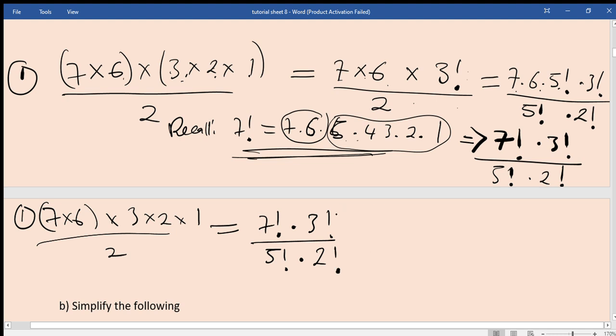That's the concept of how we write the factorial notation.